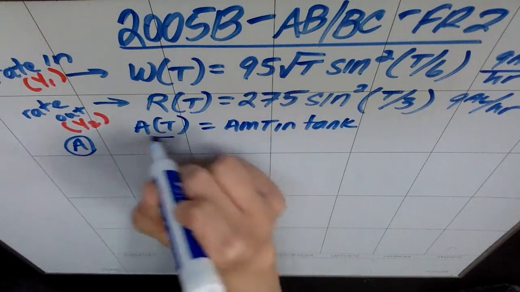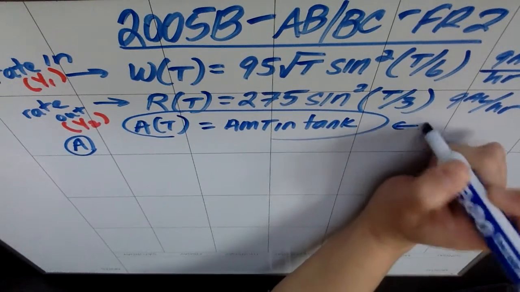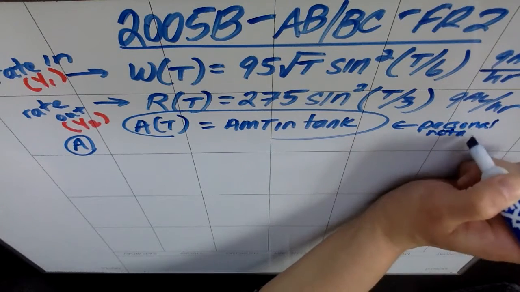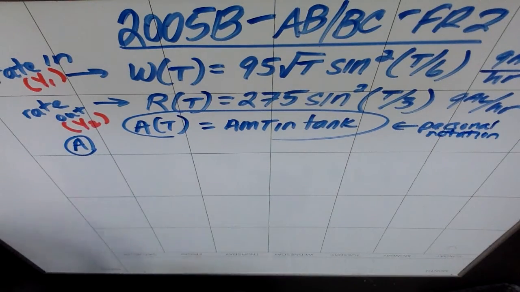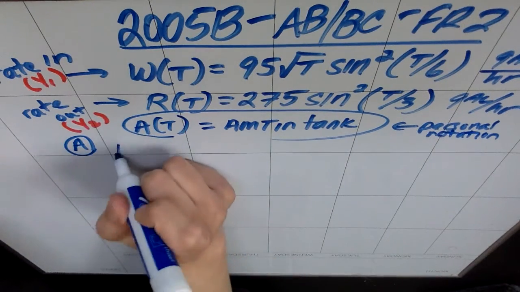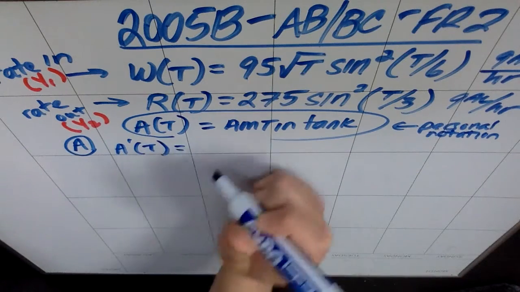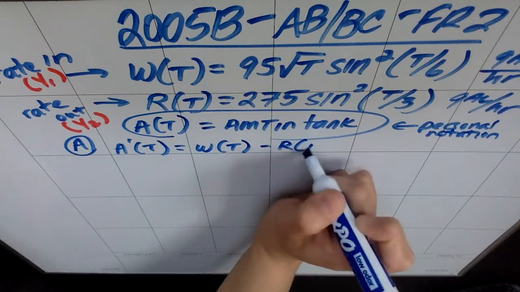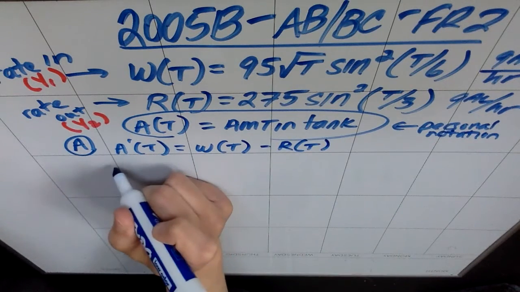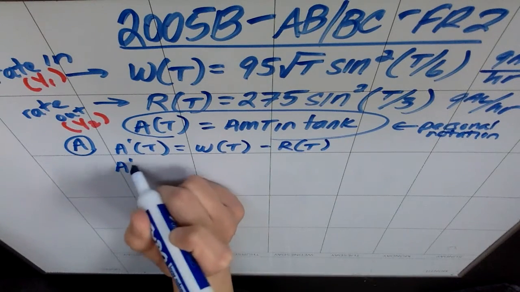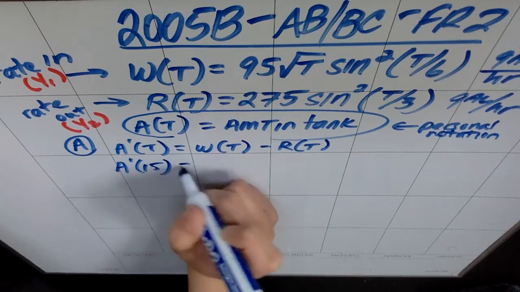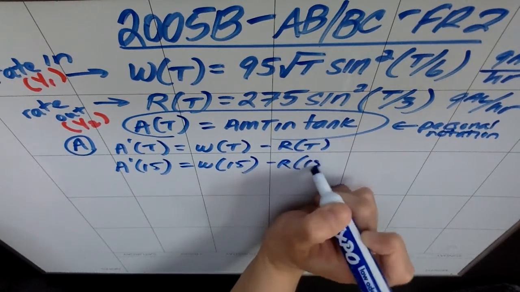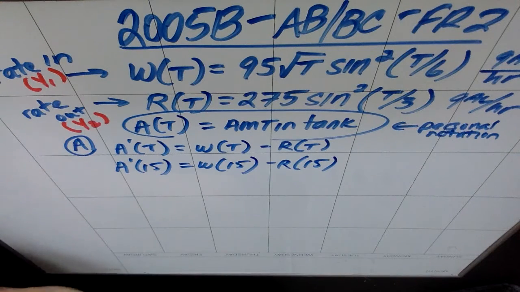This is your own personal notation. What I want you to recognize is that the rate of change of the water in the tank, A prime of t, would be the rate in, W of t, minus the rate out, R of t. So if you want to know if the amount is increasing or decreasing at 15, you would want to find W of 15 minus R of 15. And there are a couple different ways to do that.